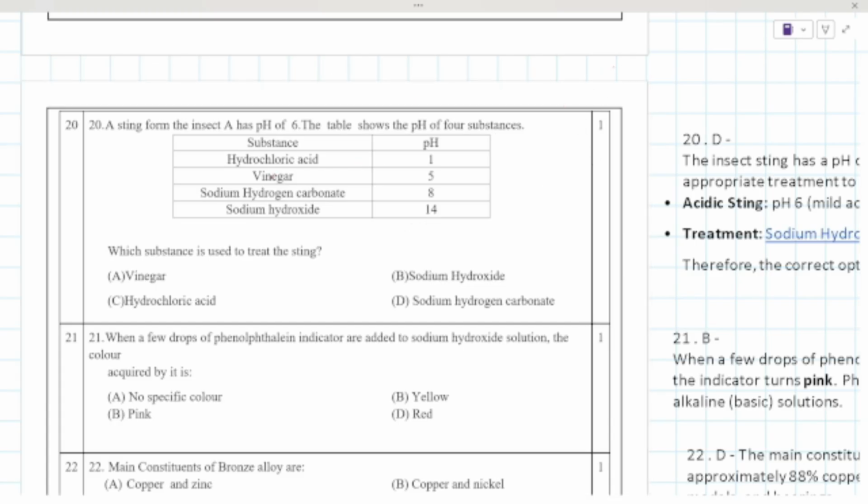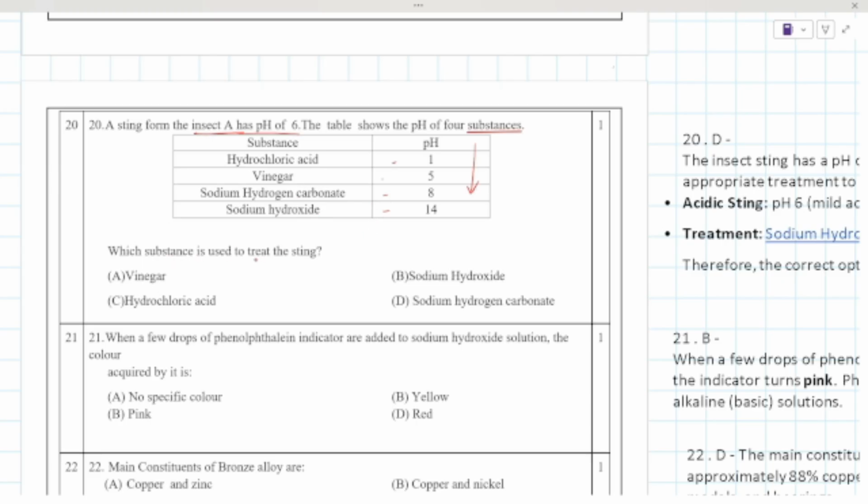A sting from the insect has a pH of 6. The table shows the pH of four substances. Here the first is the substance and here is the pH: hydrochloric acid pH 1, vinegar 5, sodium hydrogen carbonate, and sodium hydroxide 14.